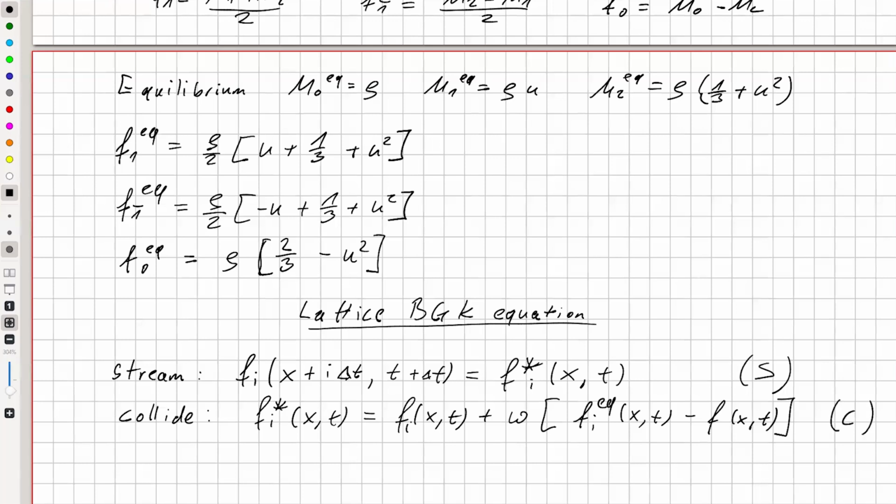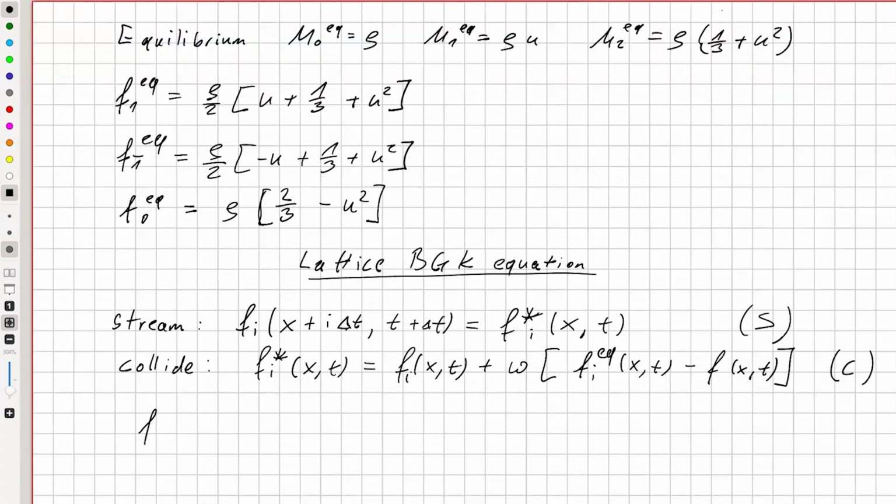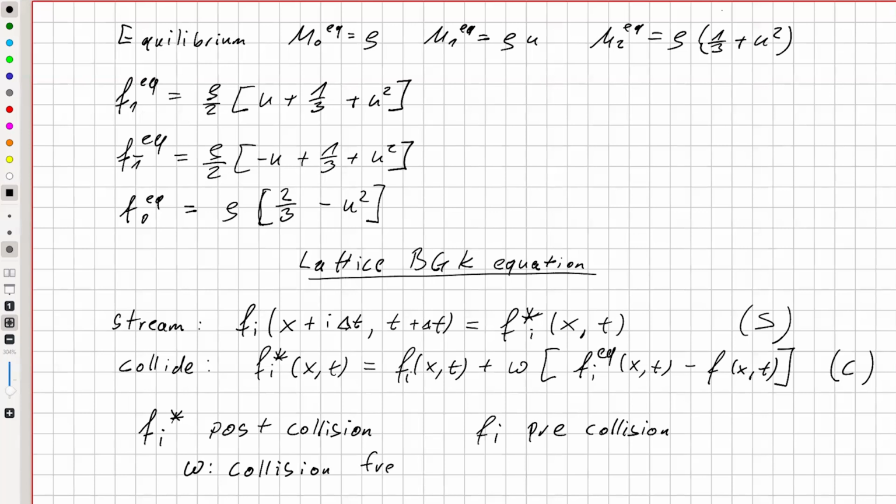And this we call the collision operator. So now we have Fi asterisk, which is what we call the post-collision. Fi without asterisk is the pre-collision distribution. Omega is the collision frequency.